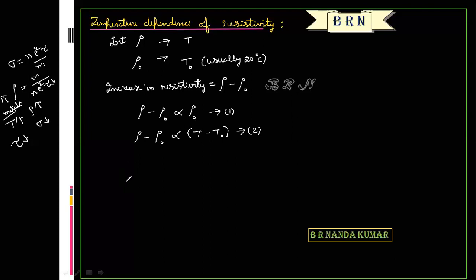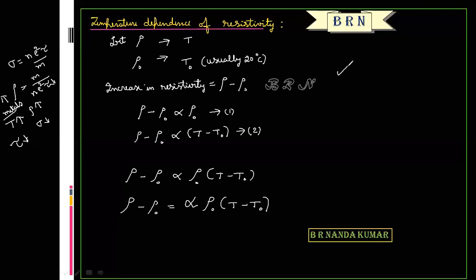Now combining the two equations, rho minus rho naught is proportional to rho naught times T minus T naught. Removing the proportionality, we get the proportionality constant alpha: rho minus rho naught is equal to alpha rho naught times T minus T naught.